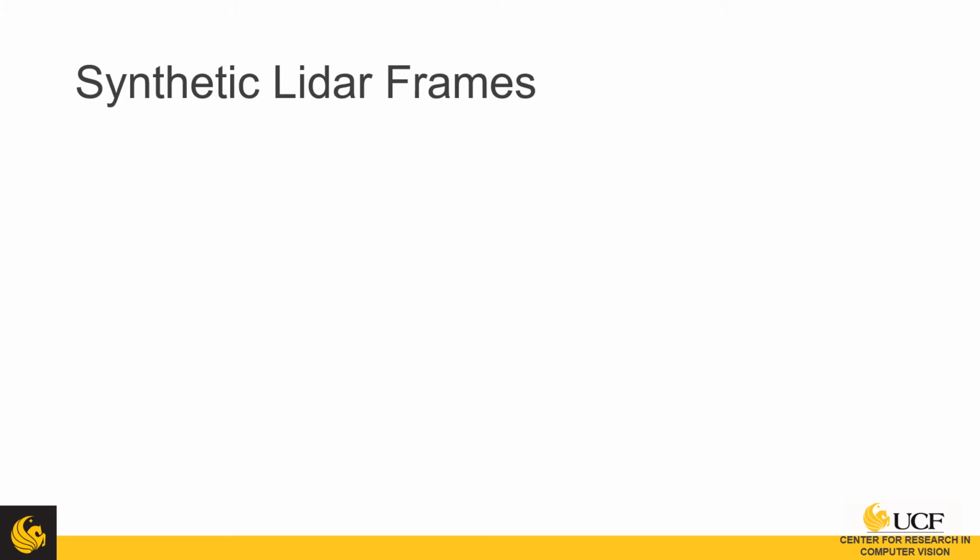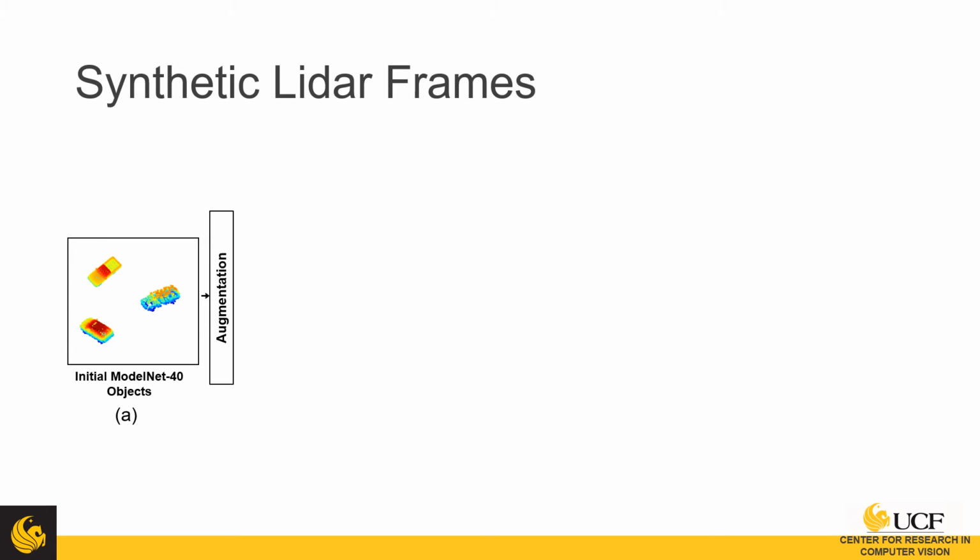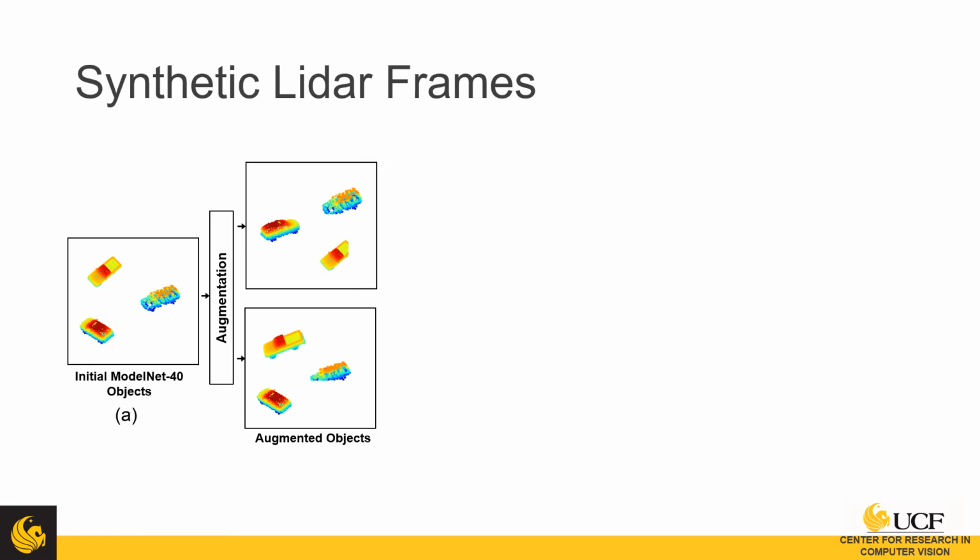We also train our model using synthetic LiDAR frames. We create synthetic LiDAR frames as follows. Given the objects from ModelNet40, we place those objects at different 3D locations, perform augmentations, and create two augmented frames to train the model.